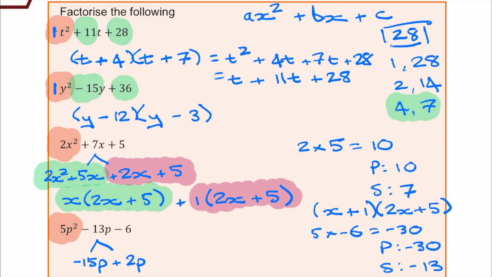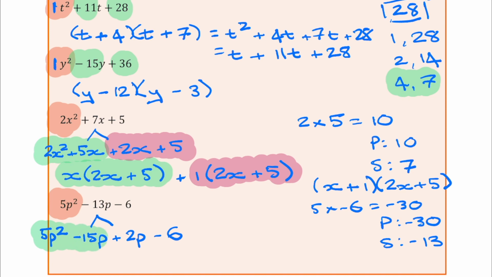And then we drop down the 5p squared, drop down the minus 6 as well. And then we're just going to do some factorising into a single bracket again. So first two terms, start with those. I can see this time that I can take a 5 and a p out. In the bracket, I'd need a p and a -3.